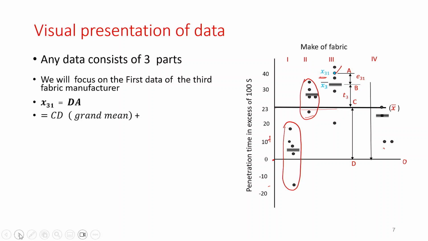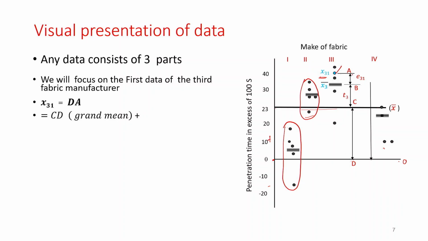So X31 is represented, or you can say the distance of X31 from this 0, 0, 0 line is represented by this DA. If I draw a line, point A is here and D is here.